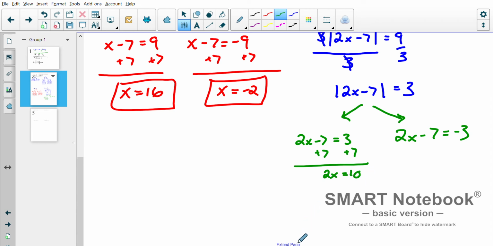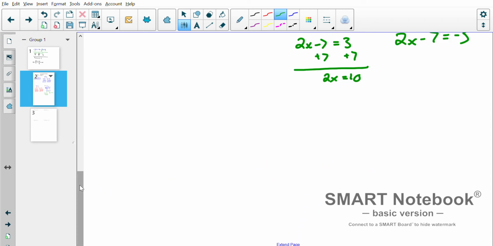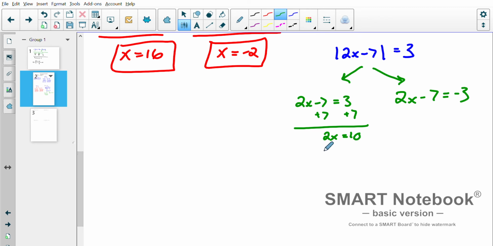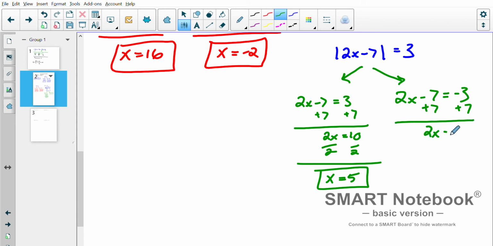When I divide by 2, we get x equals 5 as our first solution. Then when I do it on the other side, go ahead and add 7. 2x equals 4. When I divide, x is equal to 2. And there are your two solutions for this absolute value equation.